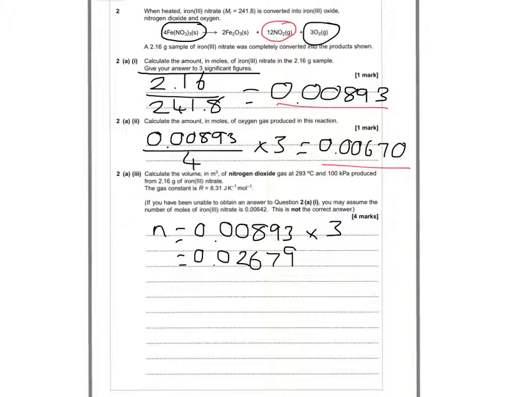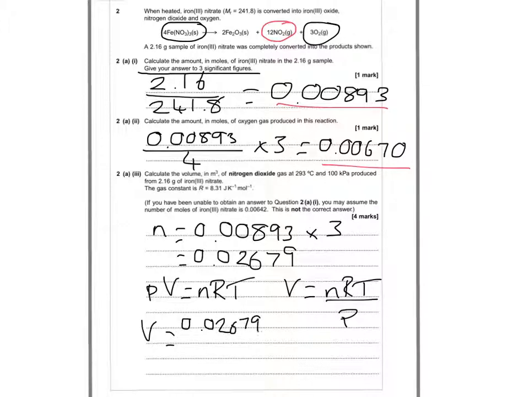The ideal gas equation, hopefully you've worked out you've got to use that here. They want you to work out the volume, you've got a temperature, pressure, and they've given you the gas constant. That's a big clue. PV equals nRT. Rearrange that, V equals nRT over P. So, what have we got? The moles are 0.02679. R is 8.31.